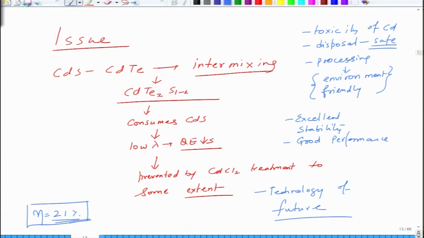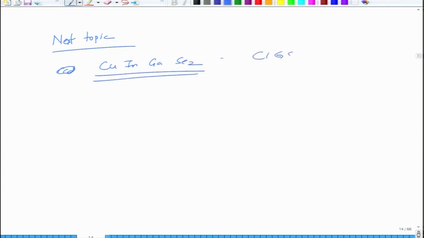So this is where we stand today, discussing CdTe solar cells completely. Next we move on to the discussion on copper indium gallium selenide solar cells, which is called CIGS, another important thin film technology which has a lot of potential to make it commercial. Thank you.